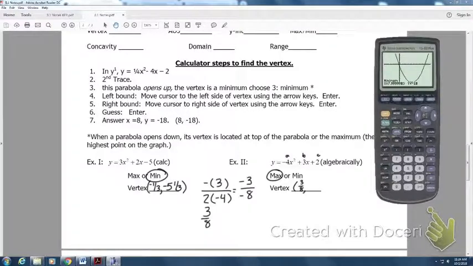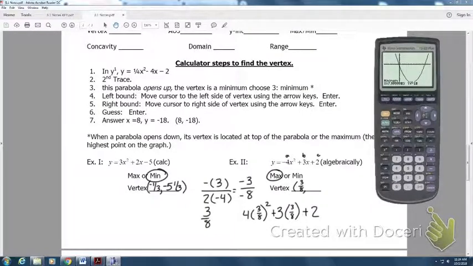In quadratics, if you're plugging a value in for x, it's every x that's in the equation. So I'm going to have 4 times 3/8 squared plus 3 times 3/8 plus 2. I want everyone to put that in your calculator and see what you get.